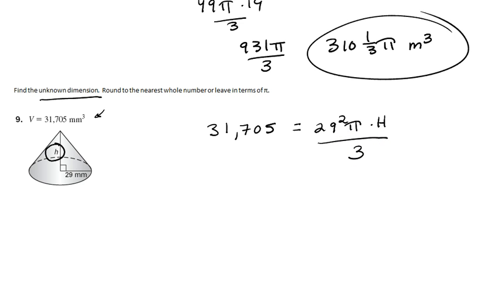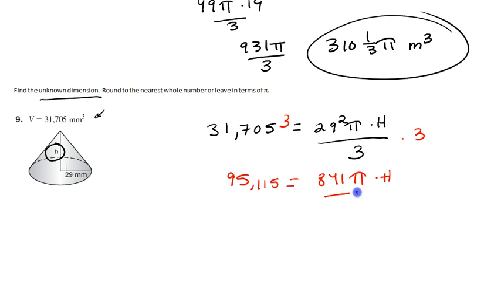Now I'm going to start by undoing my divided by 3, and I'm going to multiply both sides by 3. This will give me on this side 95,115 equals 29 squared is 841 pi times the height.